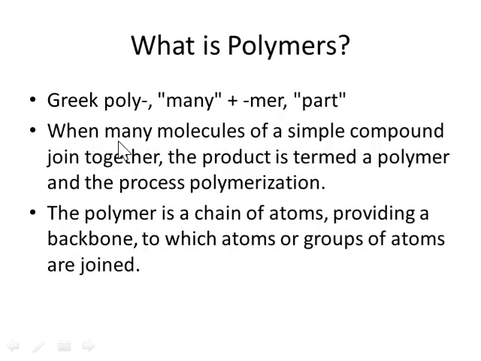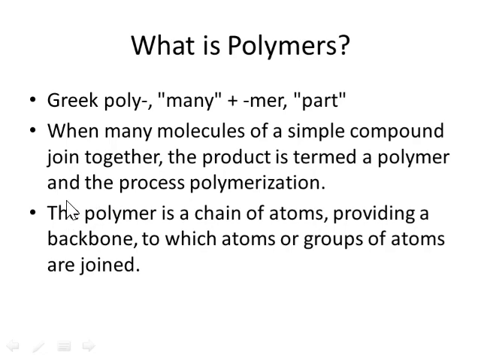Here you can easily understand: when many molecules of a simple compound join together, the product is termed a polymer. CH2 and CH2 are simple molecules. When they combine as CH2, CH2, CH2, it is called a polymer. The process is called polymerization, when the process is taking place.